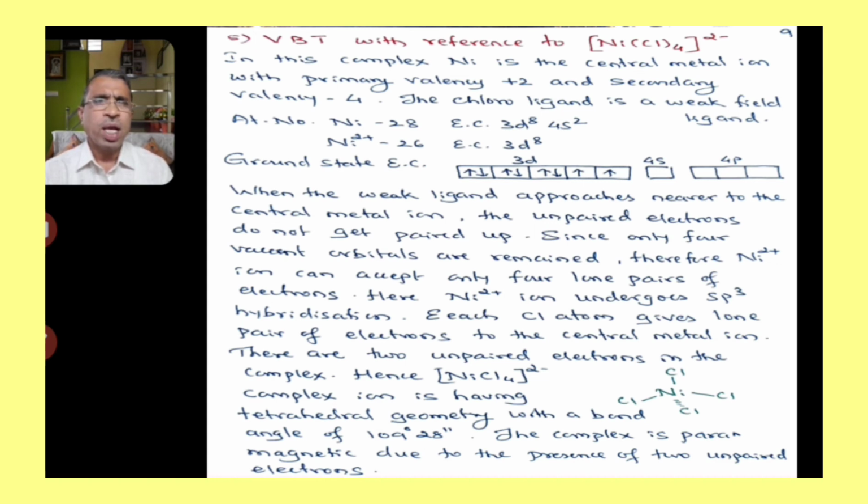Each chlorine atom gives a lone pair of electrons to the central metal ion. There are 2 unpaired electrons in the complex, hence the nickel tetrachloro complex is paramagnetic in nature. It has tetrahedral geometry with a bond angle of 109 degrees 28 minutes.